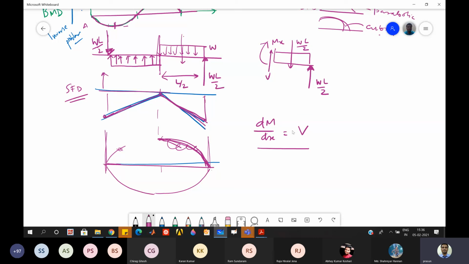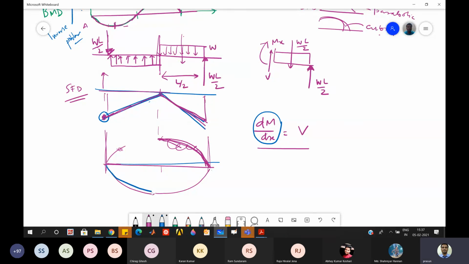So this is V, and you can see V is negative here. So V is negative with a high value, and this is the slope. So the slope will be negative with a higher value, right? And then if I go this way, the slope will still be negative, and it will reduce to 0.